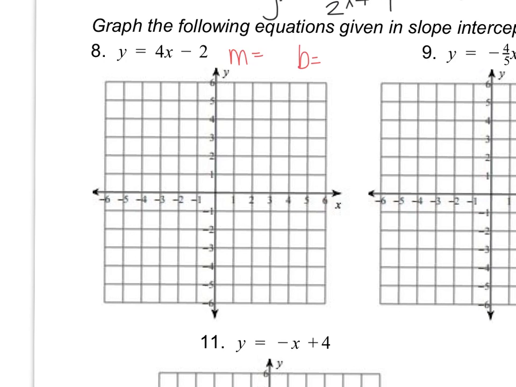Number 8, what is your B? -2. And your slope? 4 over 1, because remember that over 1 business. Is our slope going to go up or down?